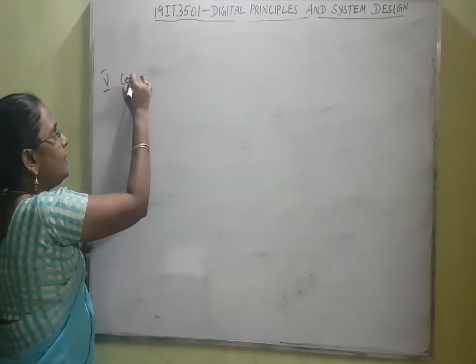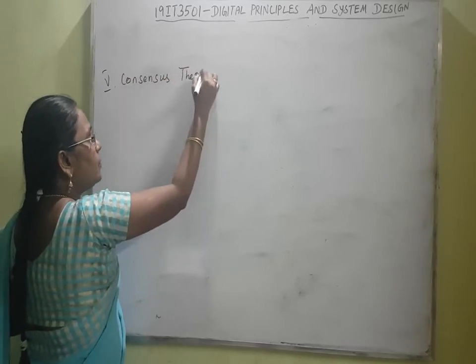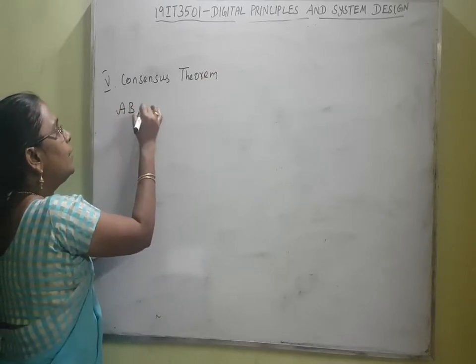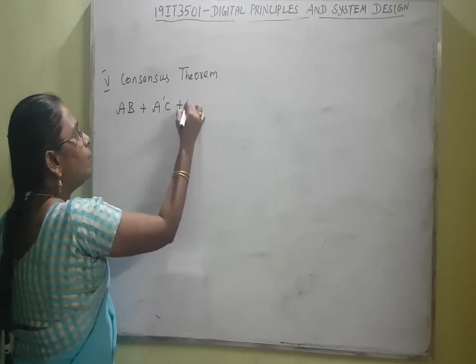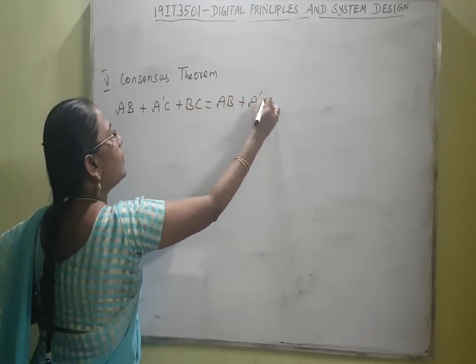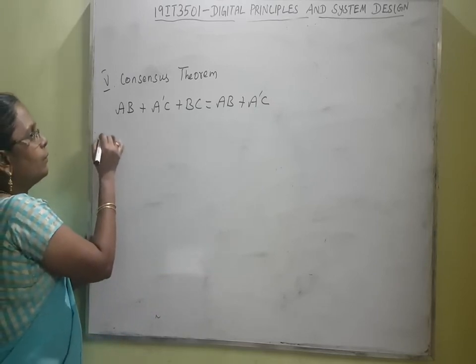The fifth one we are going to see is the consensus theorem. The consensus theorem states, and this is a very important theorem, AB plus A bar C plus BC is equal to AB plus A bar C. So we are going to prove how.